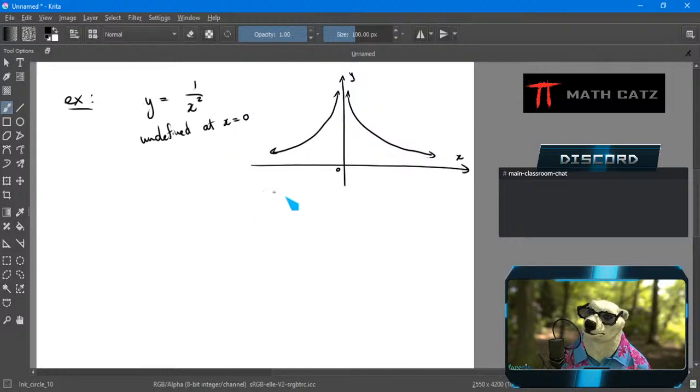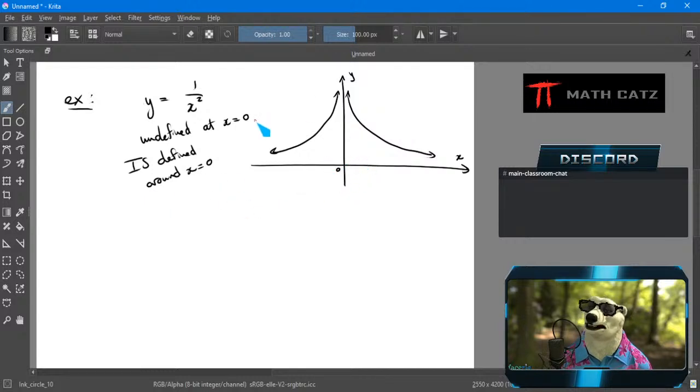However, there is predictable behavior as I get close to 0. The function is, I'll casually say, defined around x equal to 0, on an interval containing x equal to 0.